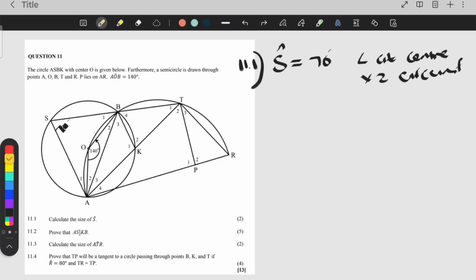So you have to prove that AS is parallel to KB. So here's KB over there.